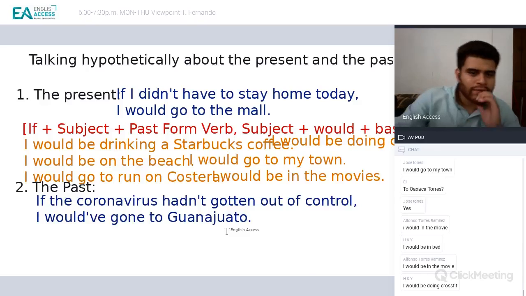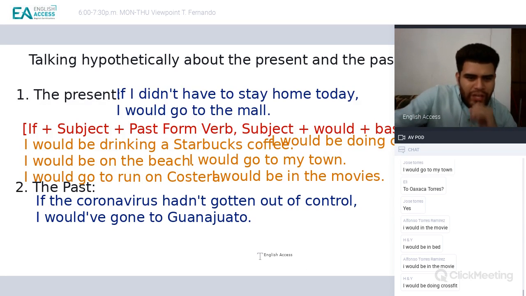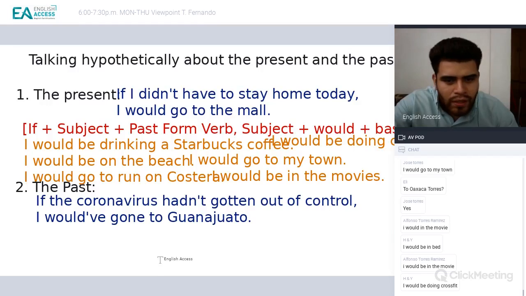All right, so check this out. The structure of the past and the present is very similar, except some things change. Only two things change, actually.